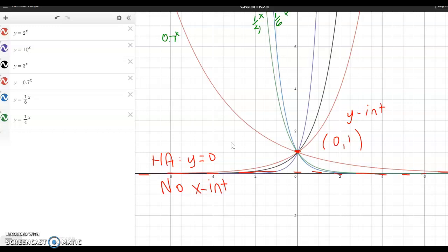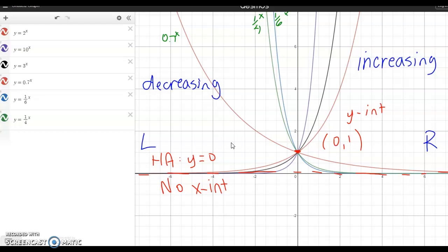And what is the only thing then that's different between these? They're flipped. Okay, so what we see, you guys, is the ones on this side are increasing. And remember, we always read a graph from left to right. So as I read from left to right, these graphs are going up. And then this side, we'd say, is decreasing, because these graphs are going down as they go from left to right.